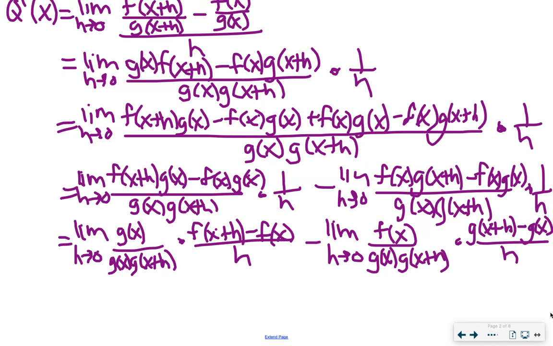Okay, awesome. So what happens then is I take my limit as h approaches 0. As the limit as h approaches 0, I'm able to actually split these two up, by properties of limits.